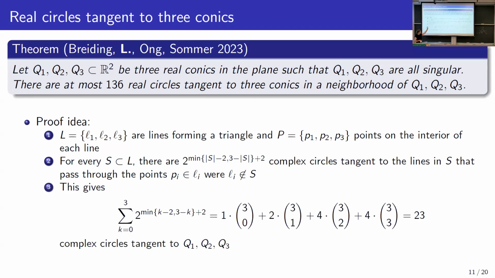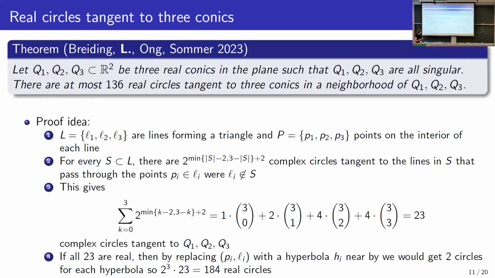Well, of course, then we have to use the binomial coefficients because I have to consider every choice of 0 lines, 1 line, 2 lines, 3 lines. And I get this many complex circles that are tangent to my conics here.